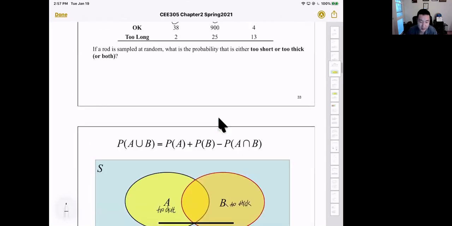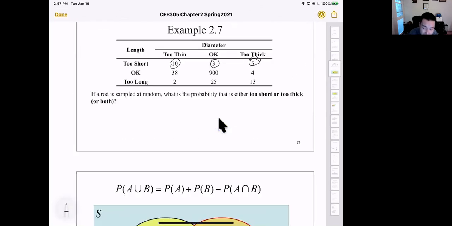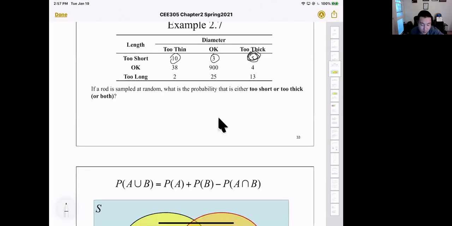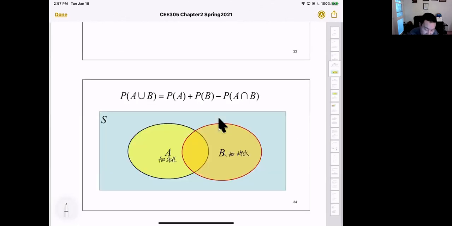What do they have in common? This. Okay, we have 5 rods which are both too short and too thick. So where should we put this 5? We should put this 5 in the intersection here. Okay, so that means these 5 belong to both A and B, both too short and too thick.